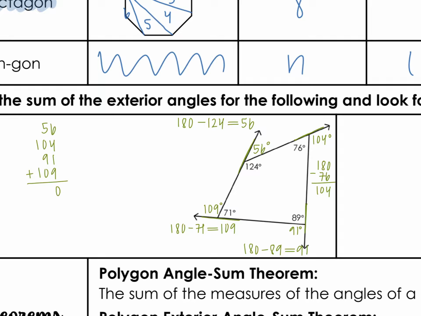So I'm going to put my 0 and then bring my 2 over here. We get 2 plus 5 is 7, plus the 9 is going to give me 16. So carrying over that 1, I get 1, 2, 3. So I got that my sum is 360 degrees.